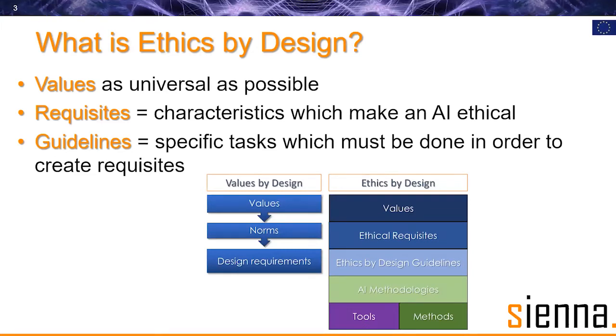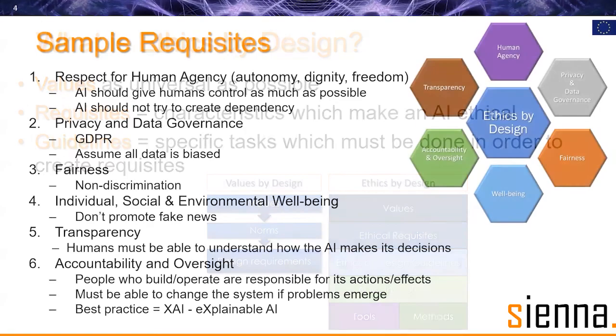So requisites, the characteristics of a system, lead to what we call ethics by design guidelines. So these are specific tasks which must be done during the creation of the system in order to create a system which embodies these ethical requisites.